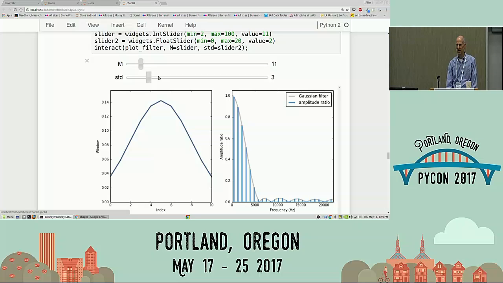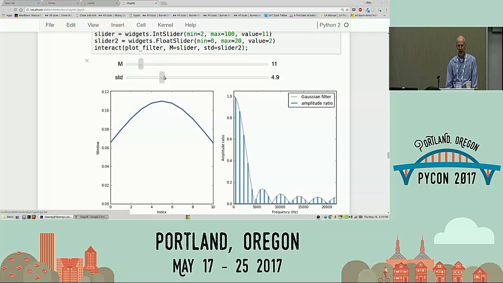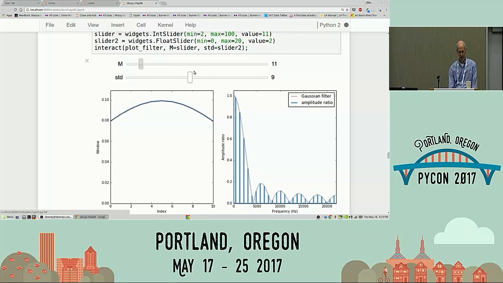But something else is starting to happen. I'm getting those bouncy high frequency components back. And the reason is that as the standard deviation gets wide, I'm getting an approximation of a Gaussian curve that's worse and worse. This is starting to look more and more like the boxcar filter. If the standard deviation is really wide, then it practically is the boxcar window, and so I have all that bounciness going on.